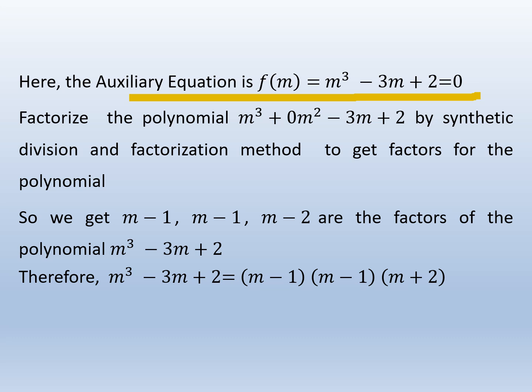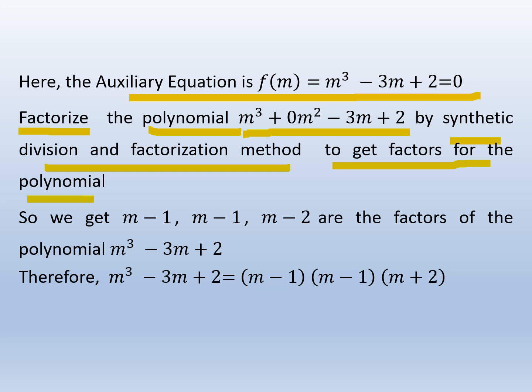As I explained in the earlier videos, follow the procedure to factorize the polynomial m cube plus 0 times m square minus 3 times m plus 2 by synthetic division and factorization methods to get factors for the polynomial. So we get m minus 1, again m minus 1 and m plus 2 are the factors of the polynomial m cube minus 3 times m plus 2.